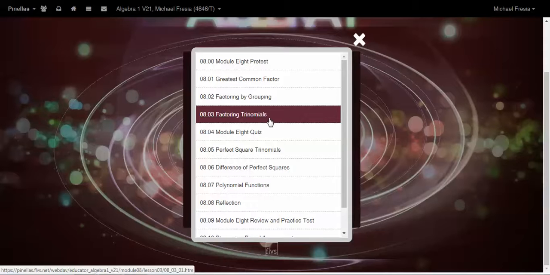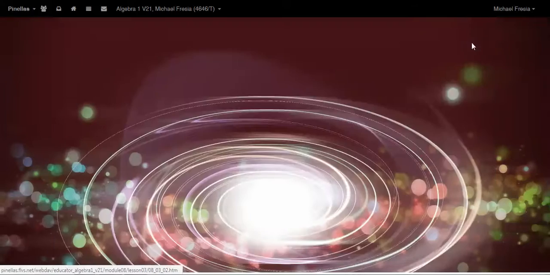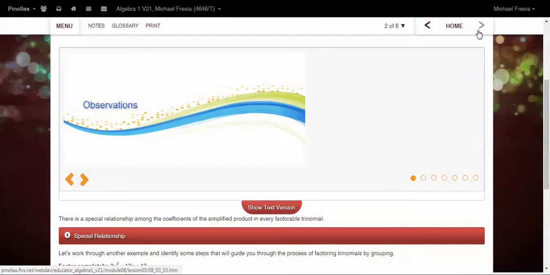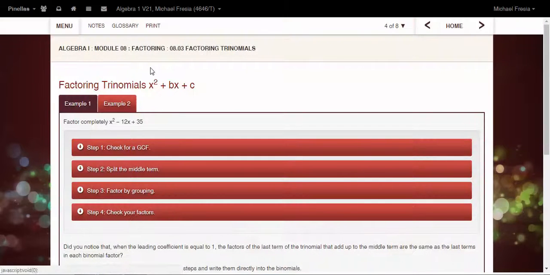We have factoring trinomials, and there's a bunch of ways we can do this. I've got a few of them that I talk about. They show you some videos on this, which is important because you should be watching these videos as they go through it. There are several different ones, especially with factoring. The factoring trinomials, yay!